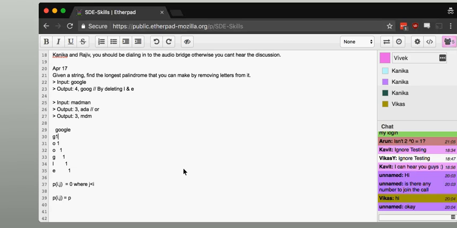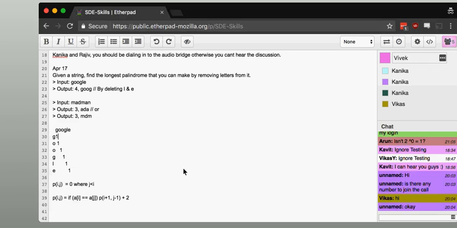For others, it is either: if A i and A j are equal, then just the max plus 2. So P i plus 1, j minus 1, plus 2.